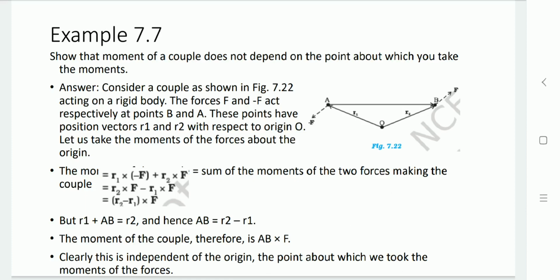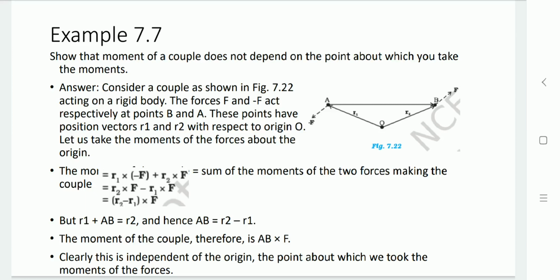So here the moment is R1 cross minus F plus R2 cross F, that is equal to R2 cross F minus R1 cross F, that is equal to R2 minus R1 cross F, which gives the sum of moments of the two forces making the couple, making the torque.